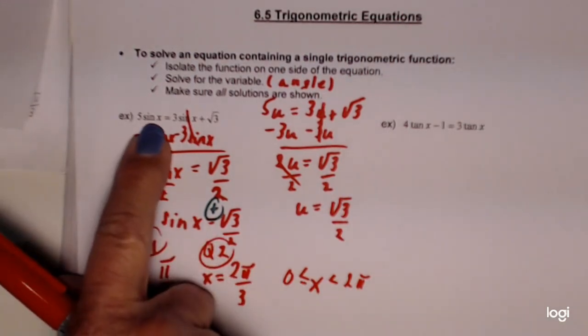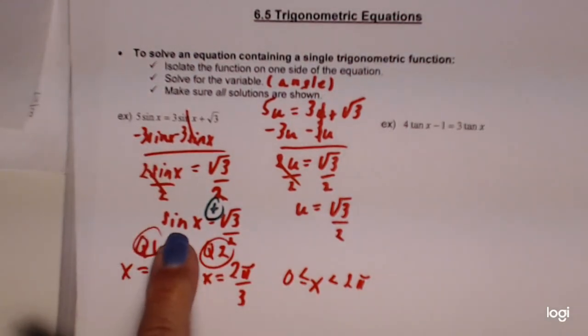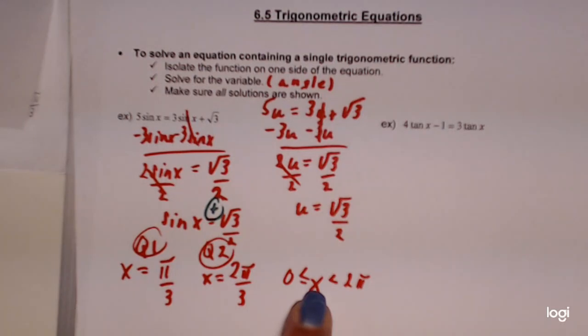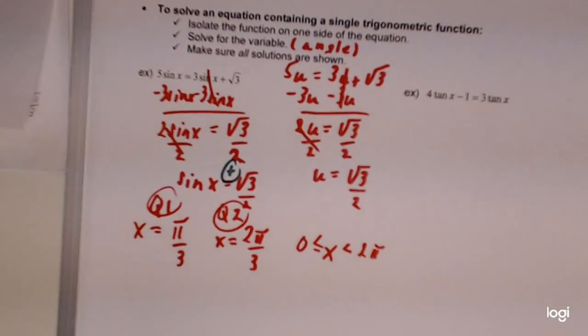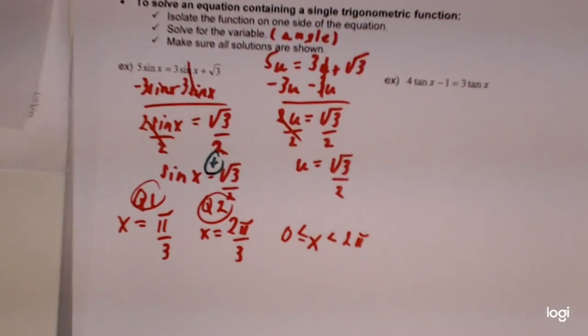Looking at this problem, we're looking at sine of x. We haven't changed the period, so this 0 to 2 pi is going to give us all our solutions. However, I didn't write it, but I do want to consider all solutions.